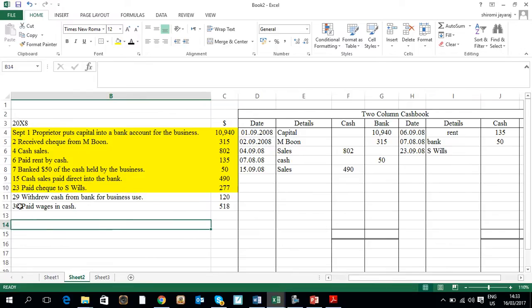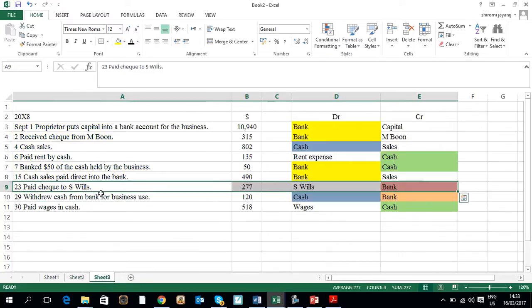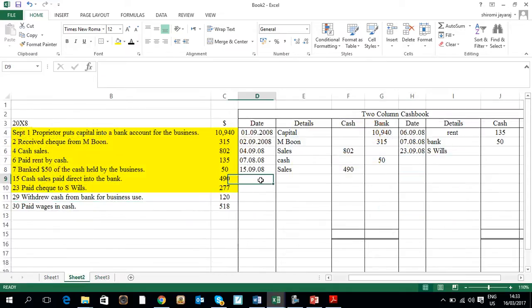Next transaction: withdrew cash from the bank for business use. So the cash balance will increase, bank value will reduce. The cash debit, bank credit. Go to the cash book, amount to the debit side, 29/9/08.